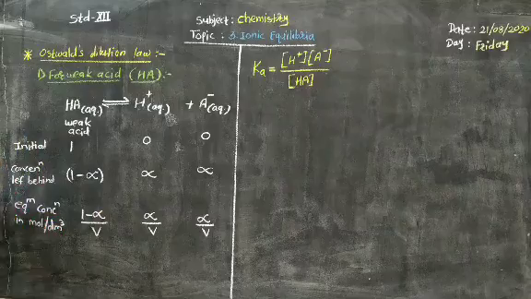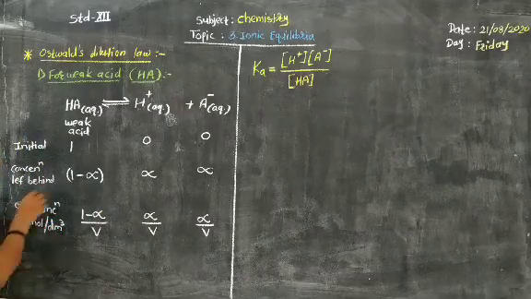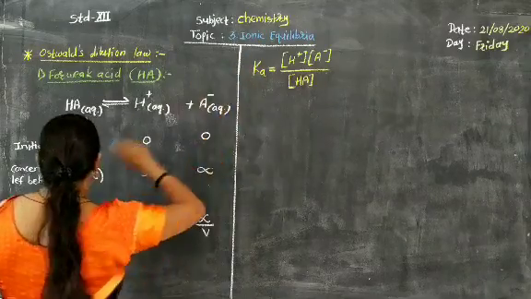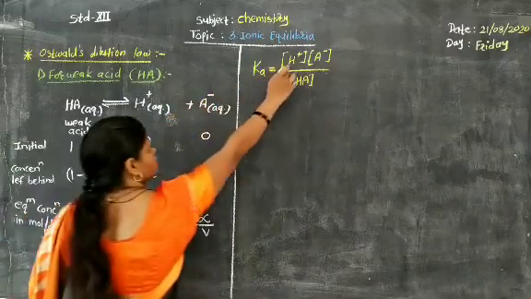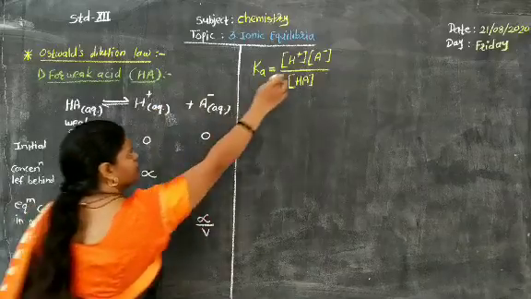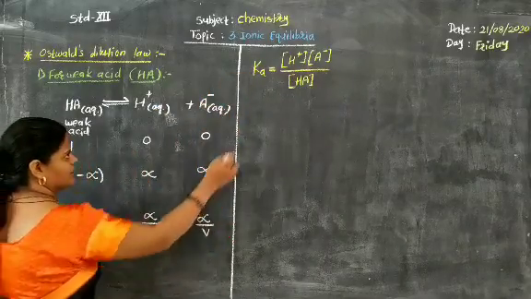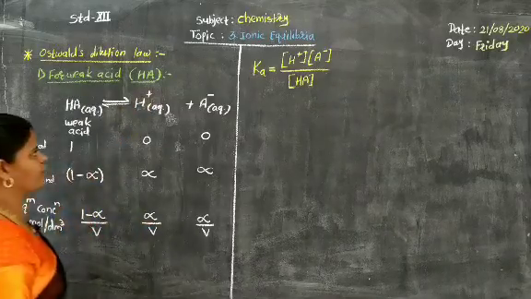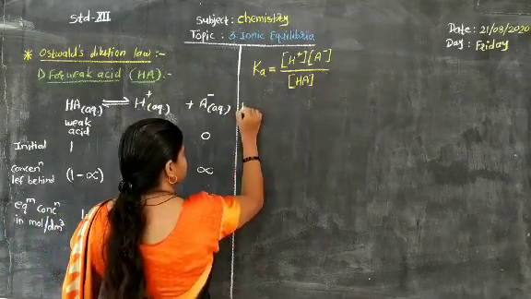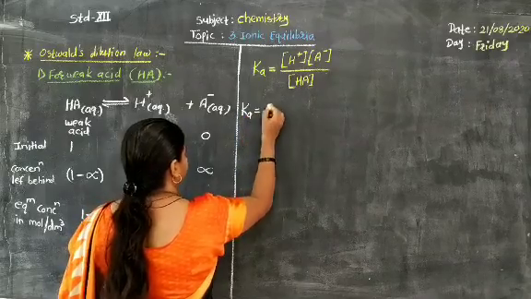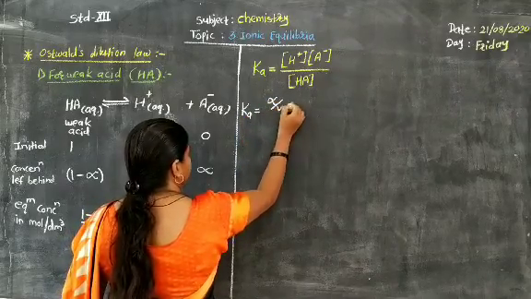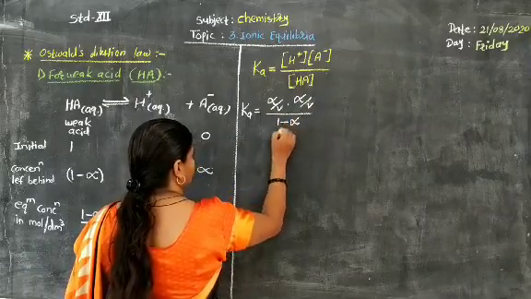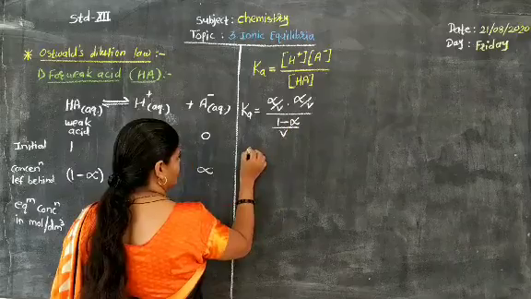Why do we have to calculate this value? Because our dissociation constant of weak acid requires the equilibrium concentration of H plus ion, equilibrium concentration of A minus ion and equilibrium concentration of HA. Put these values in that formula, then we get Ka is equal to alpha upon V into alpha upon V divided by 1 minus alpha upon V. Let us solve the equation.